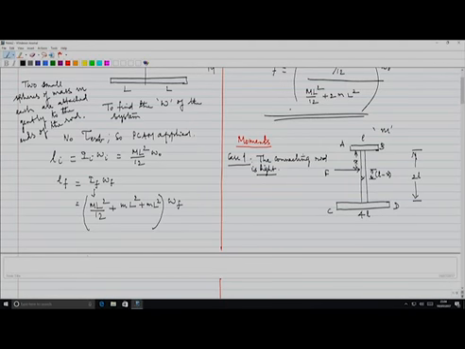Now, taking moments about P, this is the point P. So I will have the mass of AB, m into L, that into x.